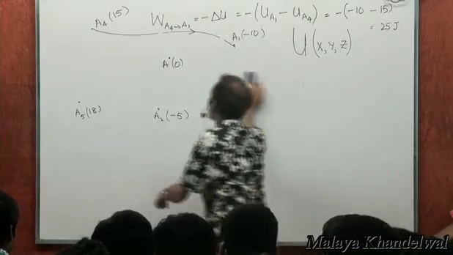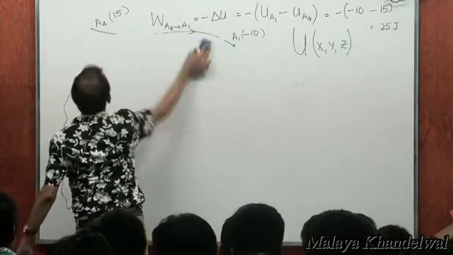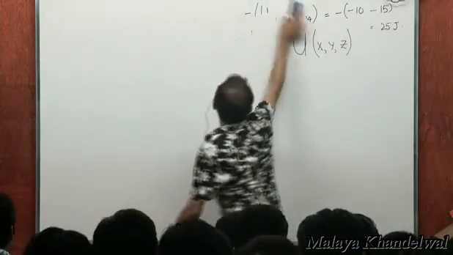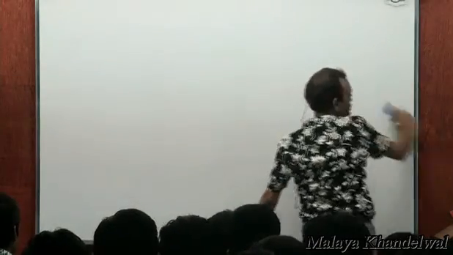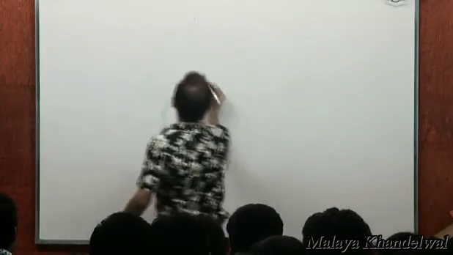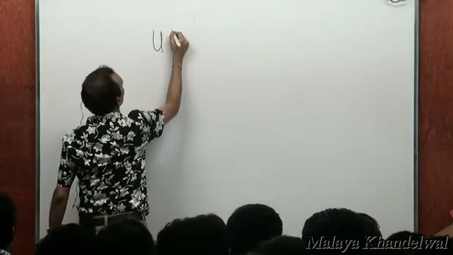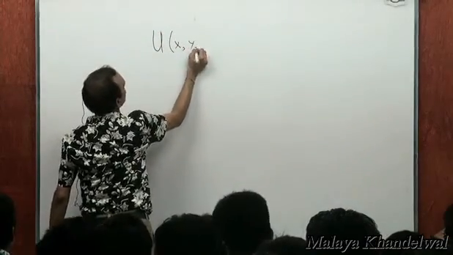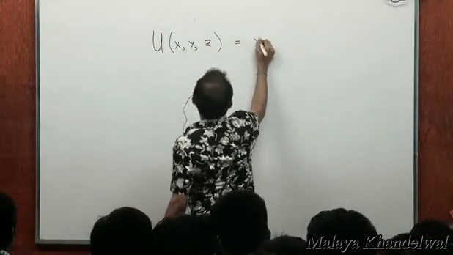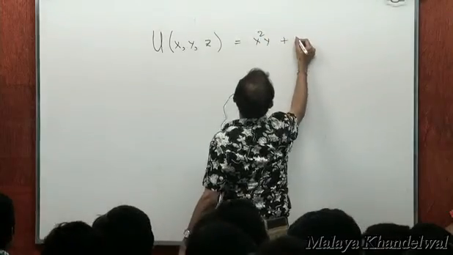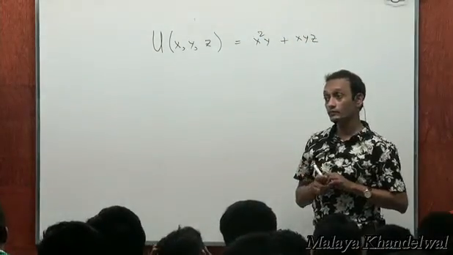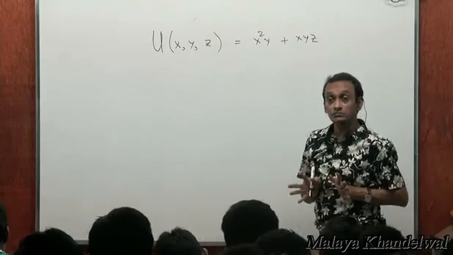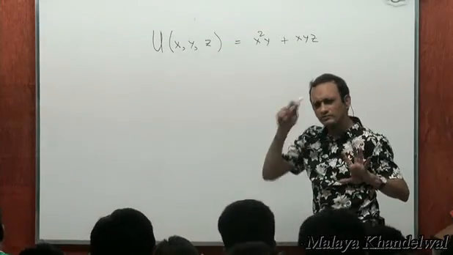Let's say, by some means, I have been able to obtain the scalar field, the scalar description of the region, u at x, y, z, say, is given by x square y plus, say, x, y, z. I obtain this function somehow, right?